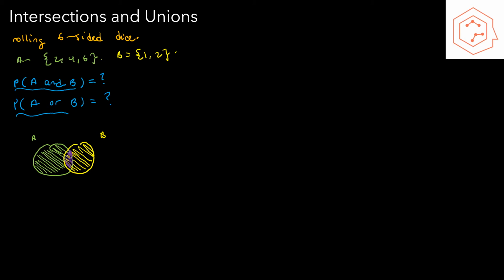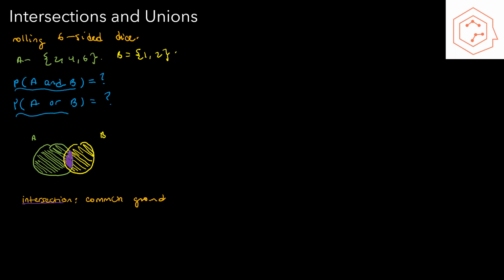So now we can define a few things. Number 1, we have the concept of an intersection. An intersection is the common ground between the events. So the intersection is this purple region. That's your intersection.